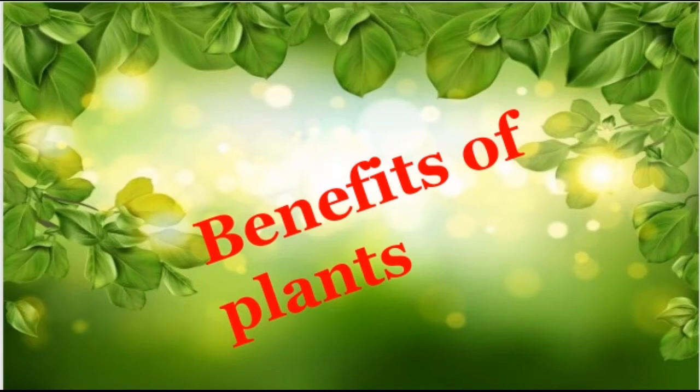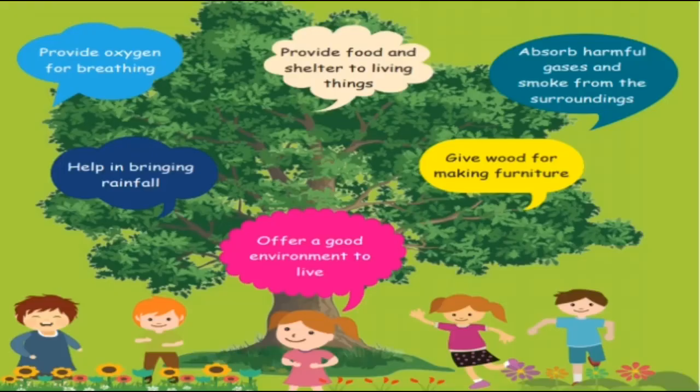Now let's see the benefits of plants. Plants provide food and shelter to living things and absorb harmful gases and smoke from the surroundings. They give wood for making furniture, offer a good environment to live and help in bringing rainfall.